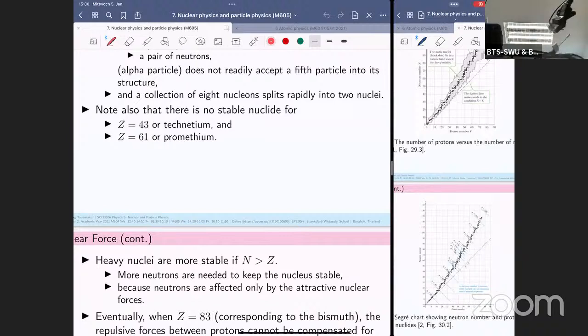More neutrons are needed to keep the nucleus stable, because they bring the nuclear force, the attractive force, since neutrons are affected only by the attractive nuclear force. But if you increase the protons, you bring more Coulomb force, the pushing force.